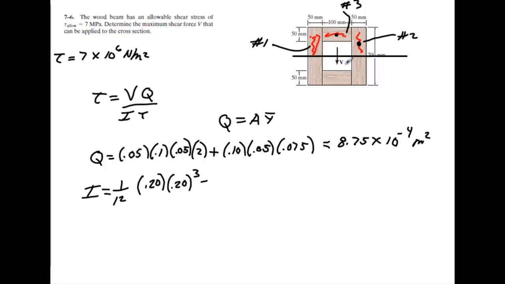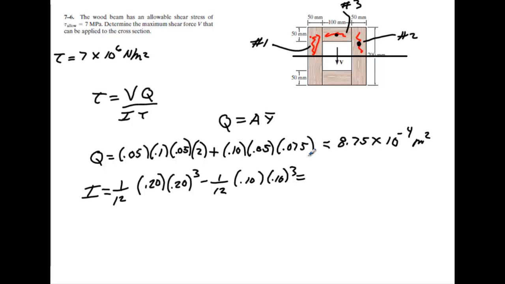Now we're coming back down. That's going to be 100 by 100. So it would be minus 1/12 times 0.10 times 0.10 cubed. I'll run that value real quick. 1 divided by 12 times 0.2 to the 4th, be easier.